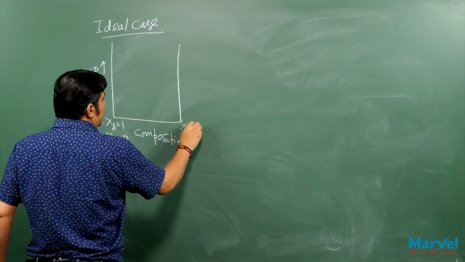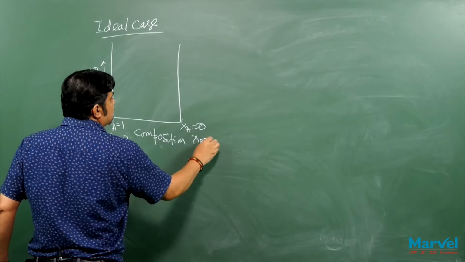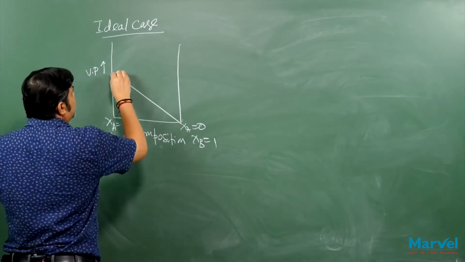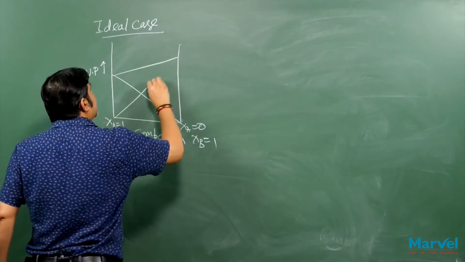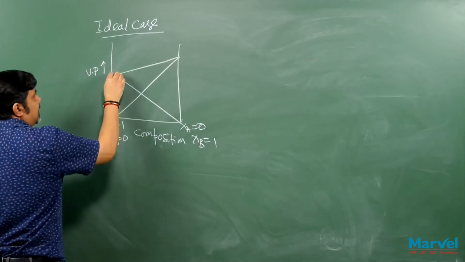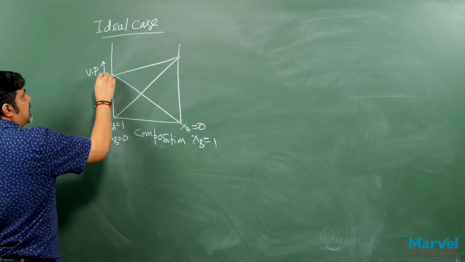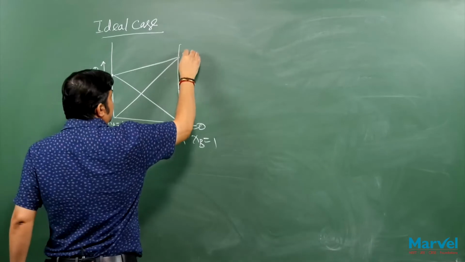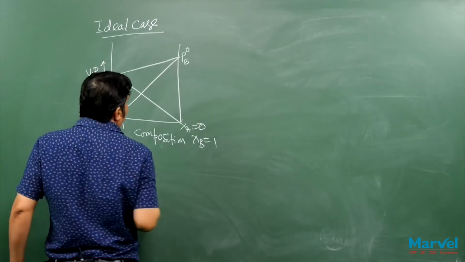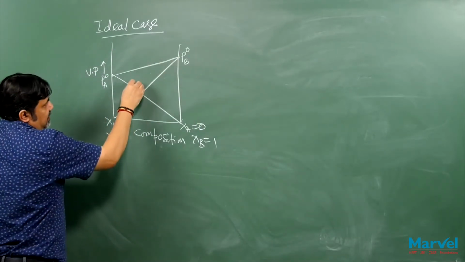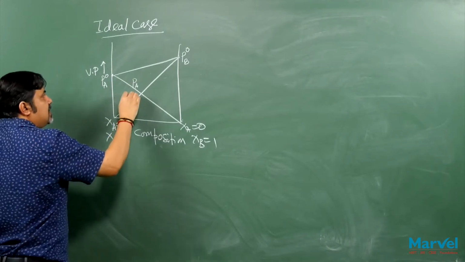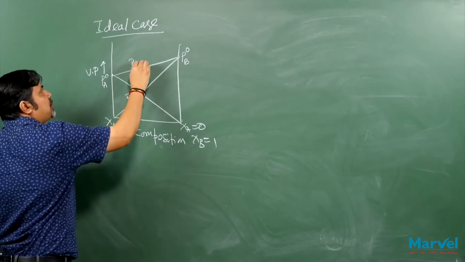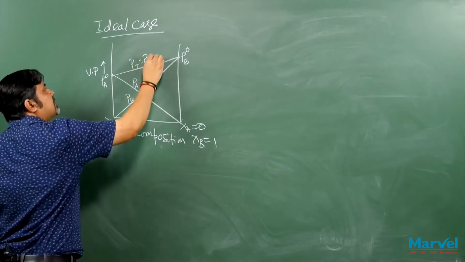Here the mole fraction of A equals 0 and mole fraction of B equals 1. Then I am drawing like this. If you look, this point is nothing but PA naught, and this point is PB naught. This line is PA, this line is PB, and this is P total, which equals PA plus PB.